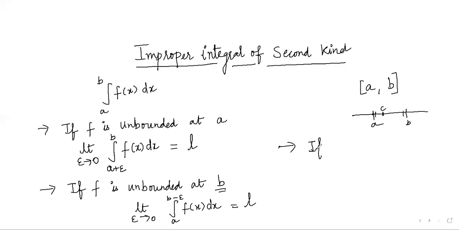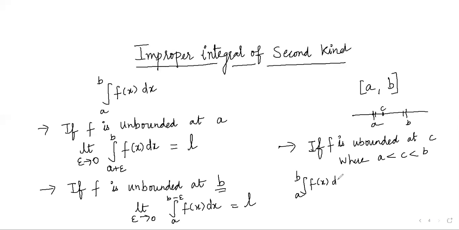If f is unbounded at c, where c is lying between a and b, what we will be doing here is splitting this improper integral into two parts with the help of this point c: a to c, and the second integral will be having limits from c to b, f(x) dx.